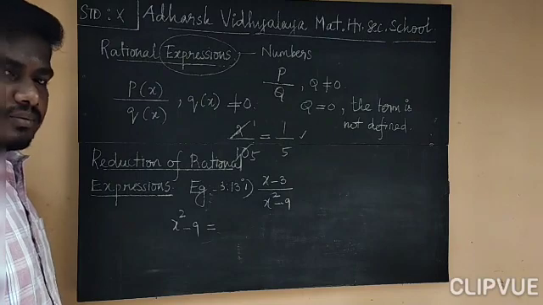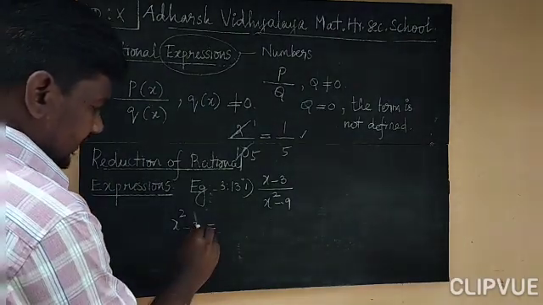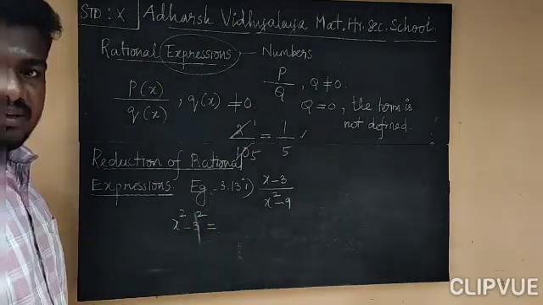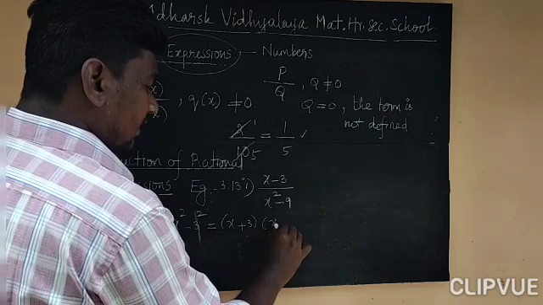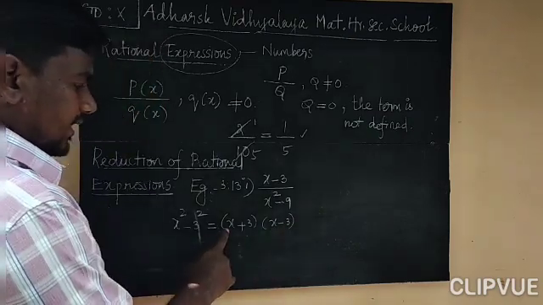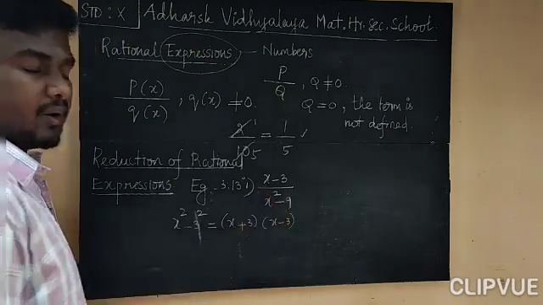This 9 is the square of 3. So 3 square. So a square minus b square is equal to a plus b into a minus b. These are the two factors of this quadratic polynomial.